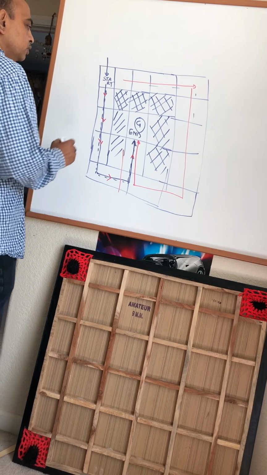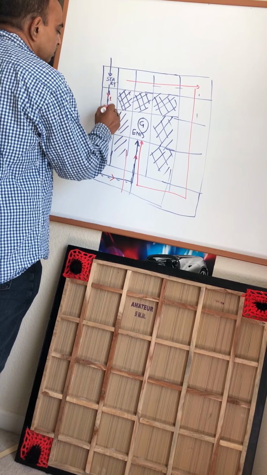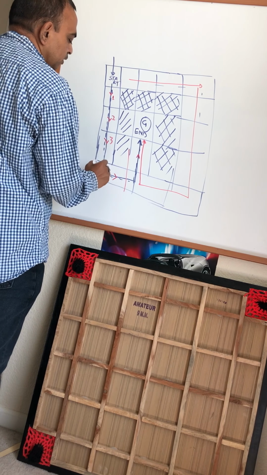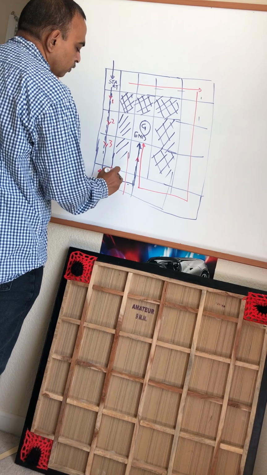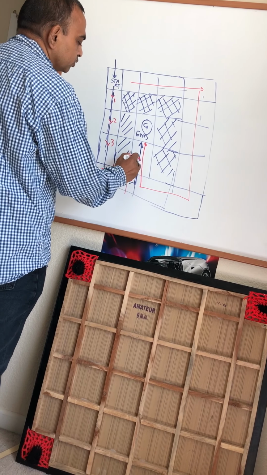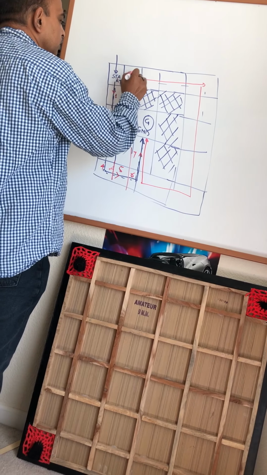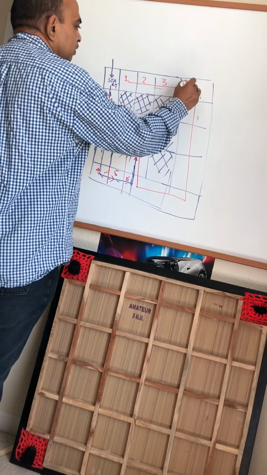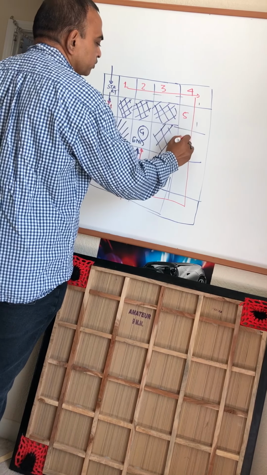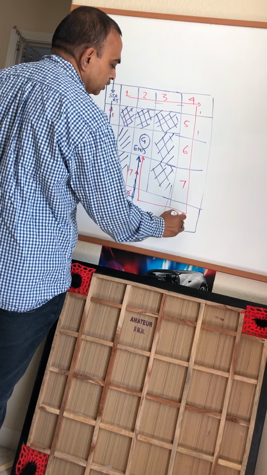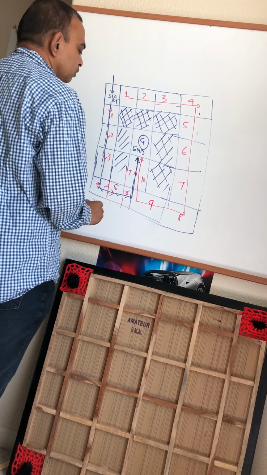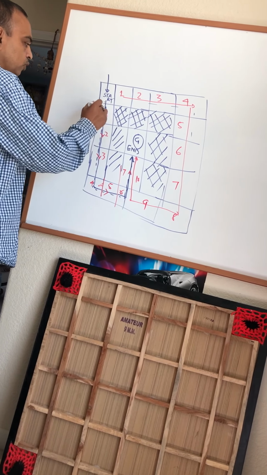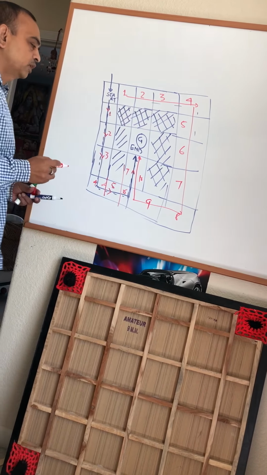If I say this is 1, 2, 3, 4, 5, 6, 7, and here it is 1, 2, 3, 4, 5, 6, 7, 8, 9, and this is the 10. So we want to follow this path, not that path.